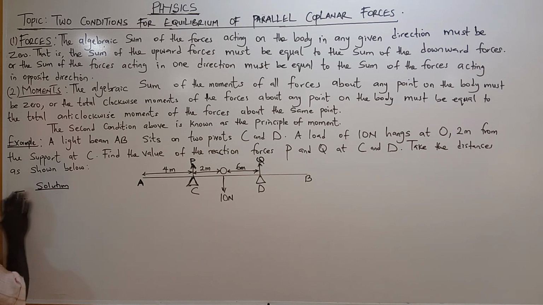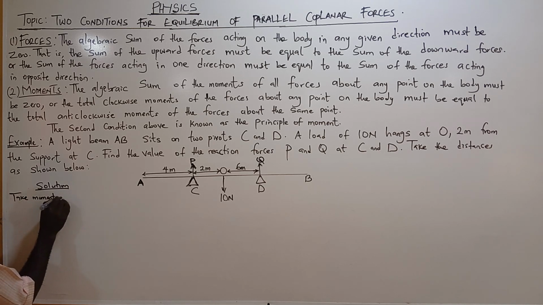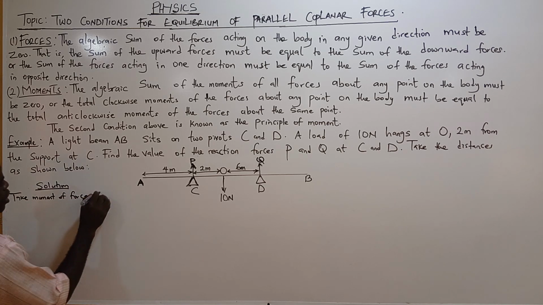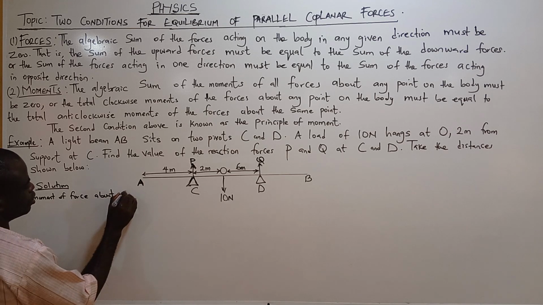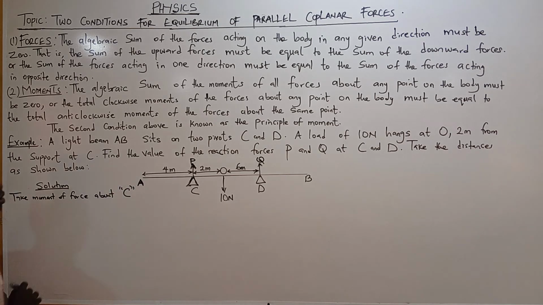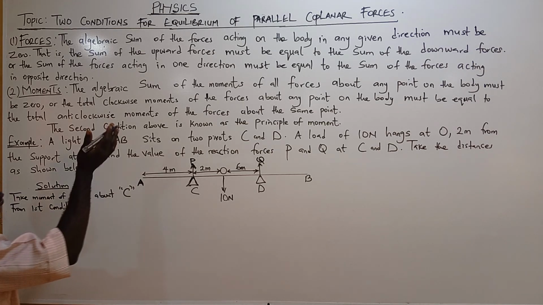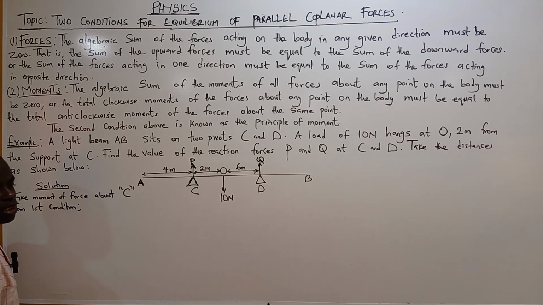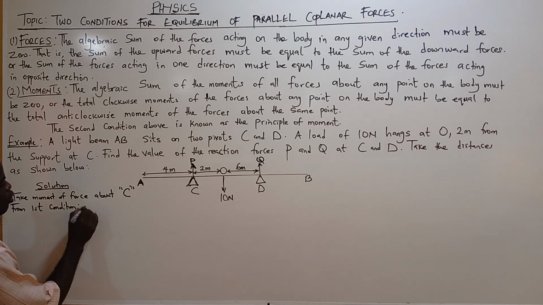Let's take moments of force about C. Now we are taking from the first condition of equilibrium, which talks about upward forces: the sum of the upward forces equals the sum of the downward forces.